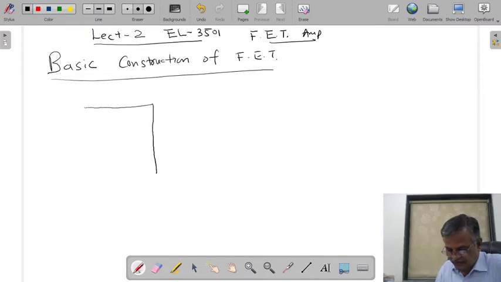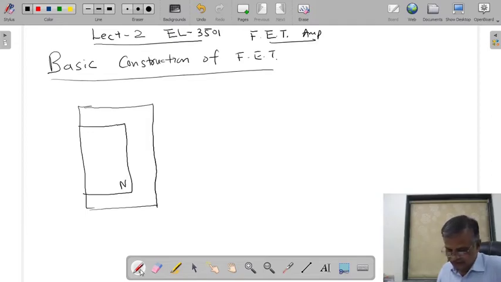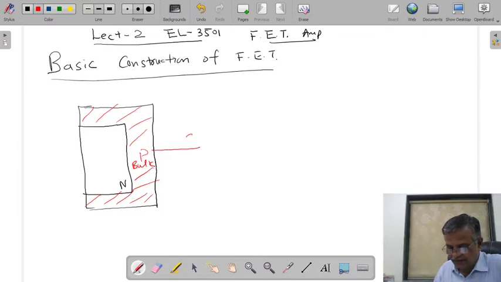In a field effect transistor, the lightly doped N-type semiconductor material is diffused in a P-type, this is called bulk or substrate, on which you are fabricating the field effect transistor.